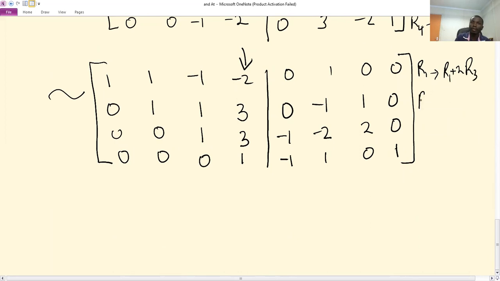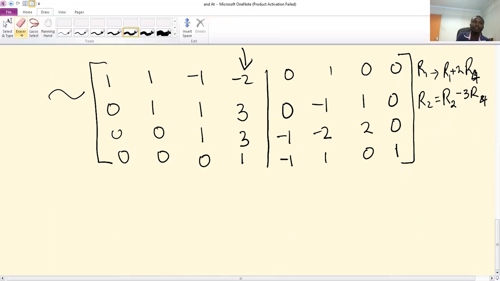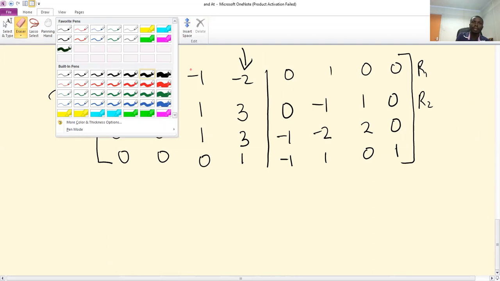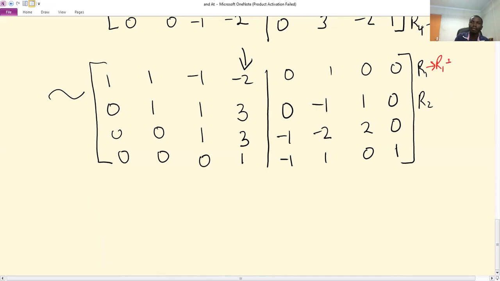Row 2 becomes row 2 plus minus 3 row 4, and to get 0 here, row 1 becomes row 1 plus twice row 4, row 2 becomes row 2 plus minus 3 row 4, and row 3 becomes row 3 plus minus 3 row 4, and row 4 remains row 4.